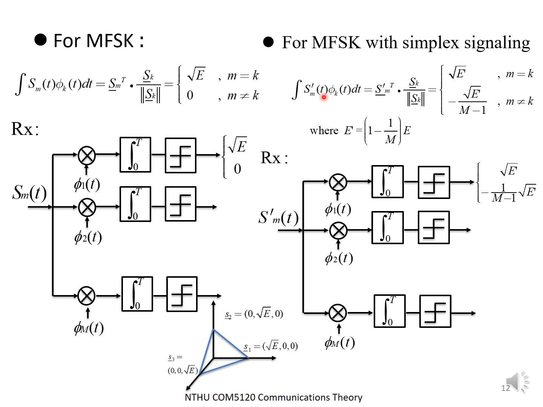As we said, E prime is the reduced energy for the simplex signal. The received signal would be decomposed, analyzed by all the M bases with two different values. One of the values is the square root of E prime, and the rest would be this negative projection.